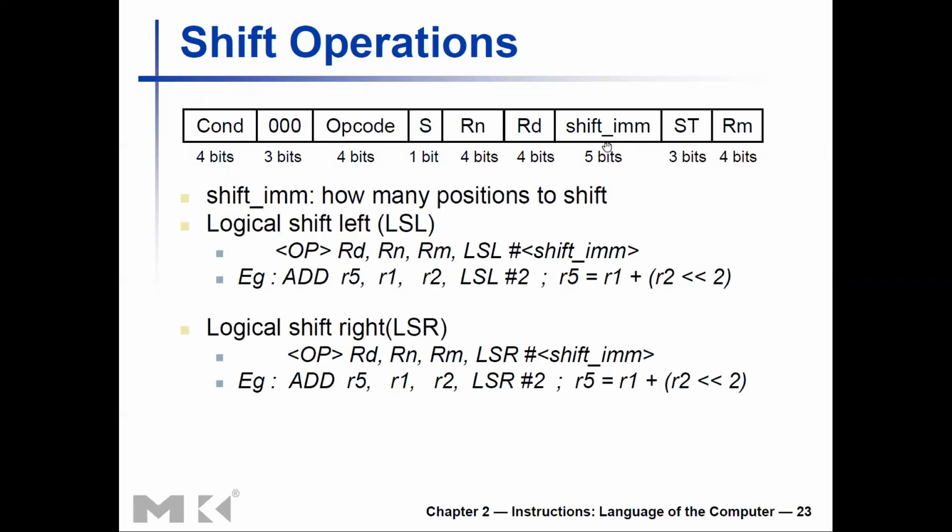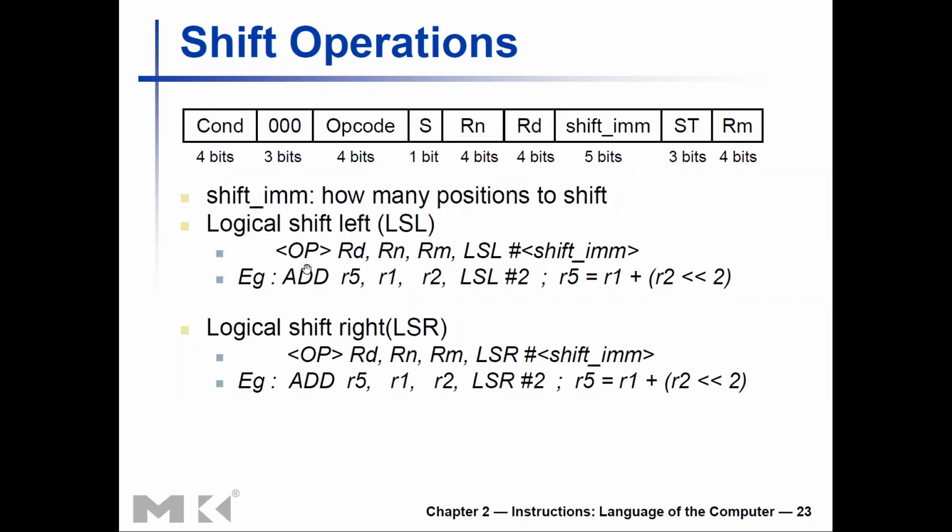And the shift type you put in the second 3-bit field, whether it's a logical shift left, logical shift right, or things like rotate. Now the second operand, the value stored in a register that is going to be shifted, is stored in this RM field.